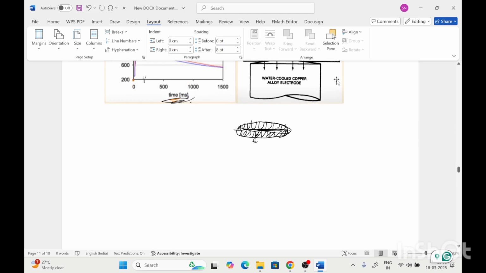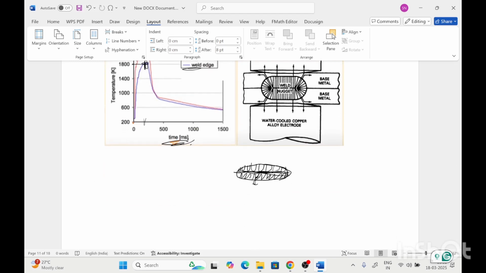And the welding temperature, this high temperature gradient, also helps in minimizing the heat affected zone.